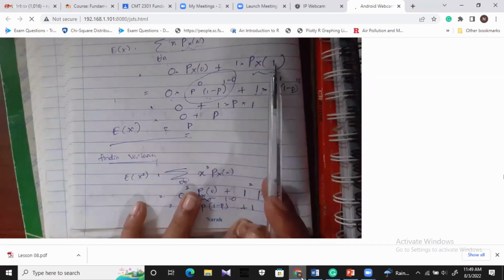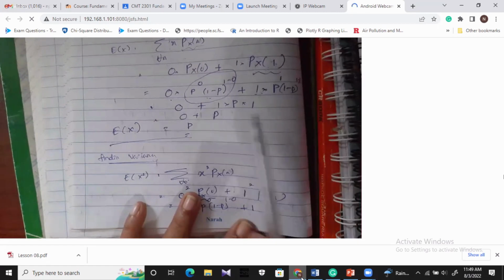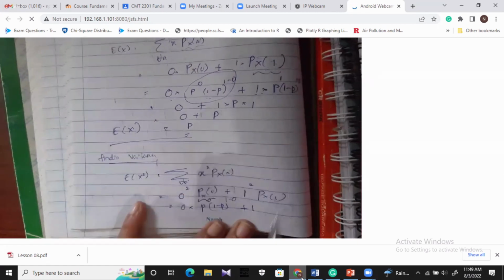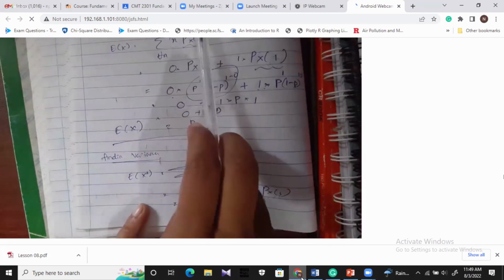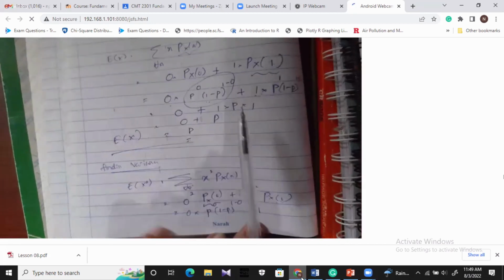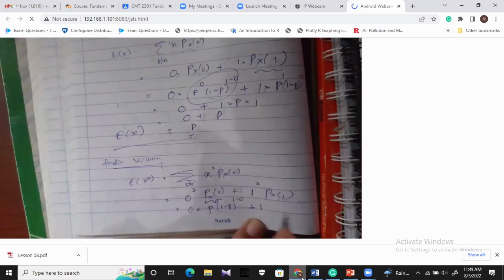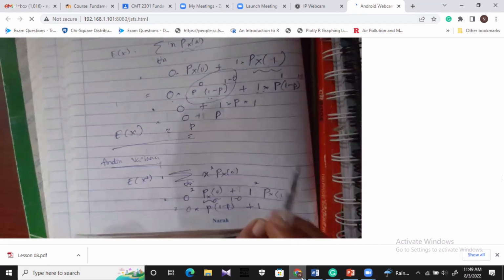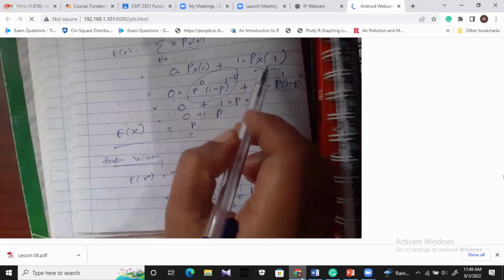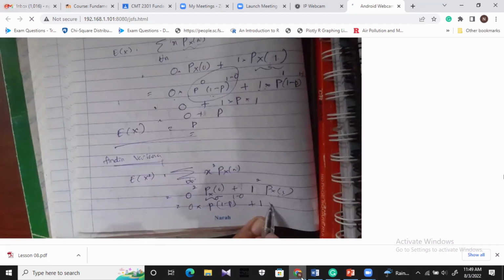If you want, you can substitute x equals 1 in the probability mass function to find p(1), but I'm not going to find that term again because we have found it in the earlier case. So that is equal to p.